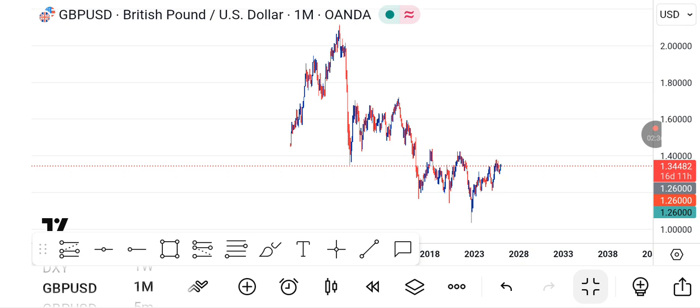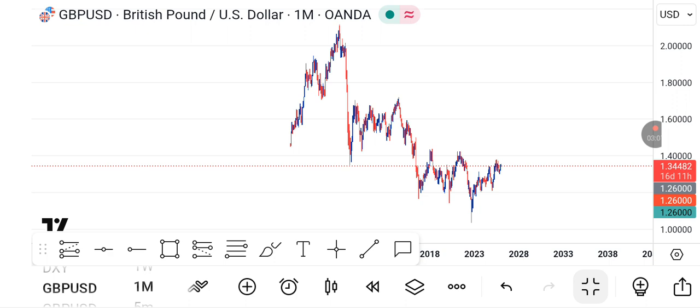Some people will say, why am I going to the monthly time frame? I want to see all the turning points. I want to see all the major support and resistance. I want to really know where the market is going. That is why I am seeing it at the monthly time frame. For me it is a proper way to view the market before going further to do further analysis.